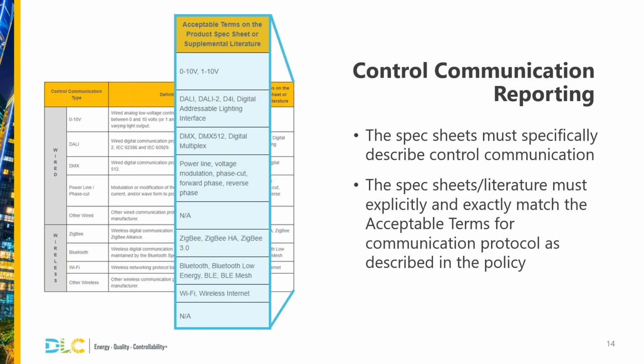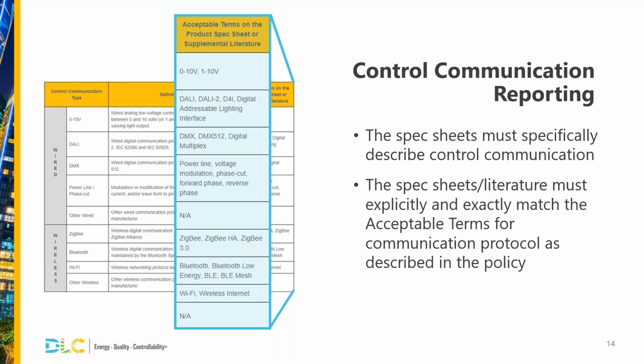The same occurs for control communication reporting. In the technical requirements, there is a list of acceptable terms that can be used to describe your control communication type via either wired or wireless.